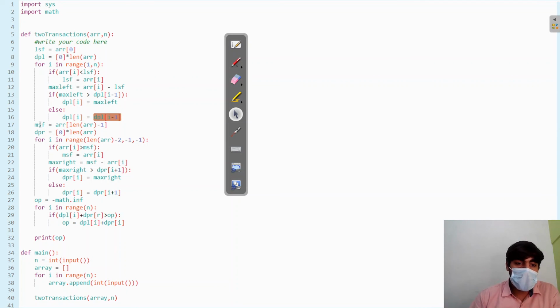Then we move to the right part, where I take max so far, which we are finding using a time machine in the future. So initially I take 55, so I write here. Then I create a DP for right, which equals array size. I start iterating in reverse and check if today price is greater than max so far, then max so far becomes today price. Then I find max right, which is max so far minus today price.